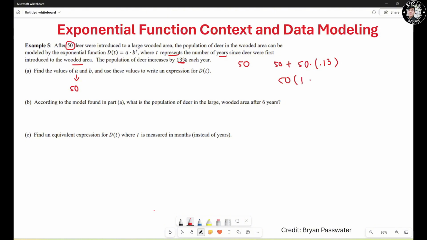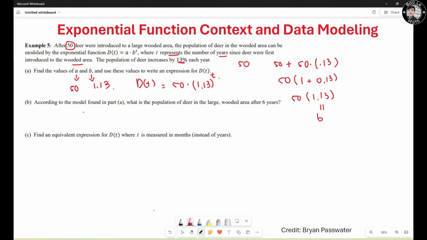So I have 1 plus 0.13, and then it's going to be 50 times 1.13. And 1.13 right here is my common ratio, which is b. Alright, so a equals 50 and b equals 1.13. And then the function should be d sub t equals 50 times 1.13 to the t.